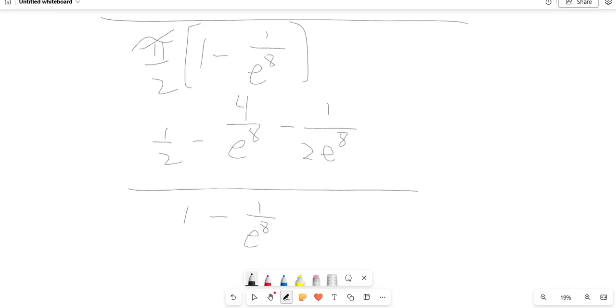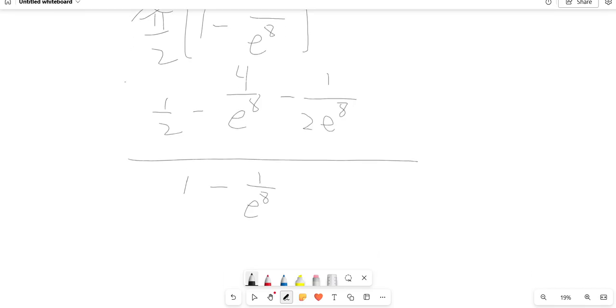Well, that's a lot of fractions and denominators. Let's make life a little bit easier by multiplying everything by 2 e to the 8 over 2 e to the 8.